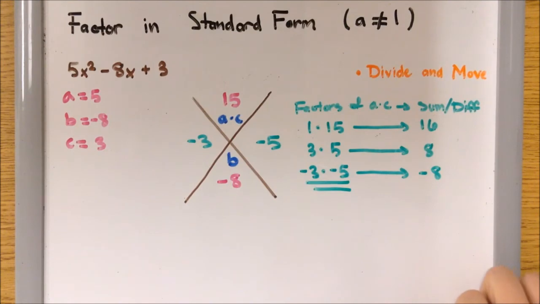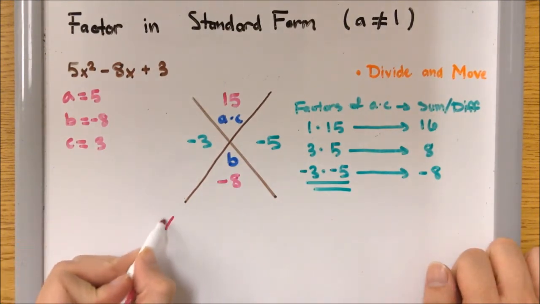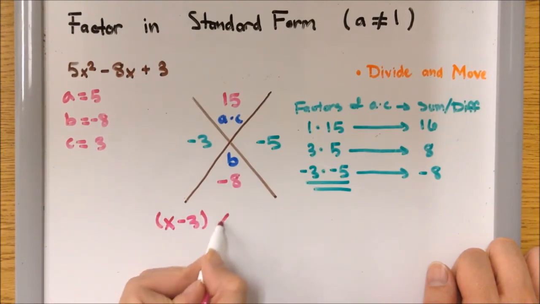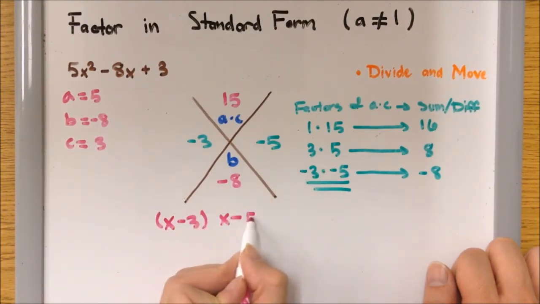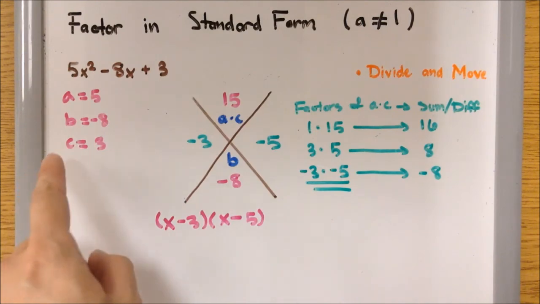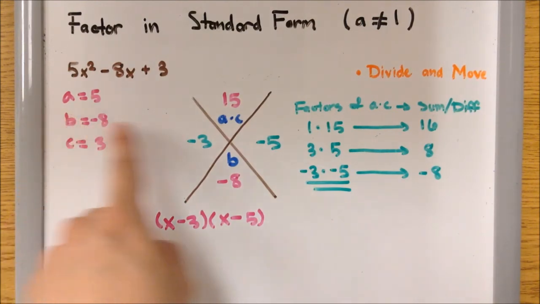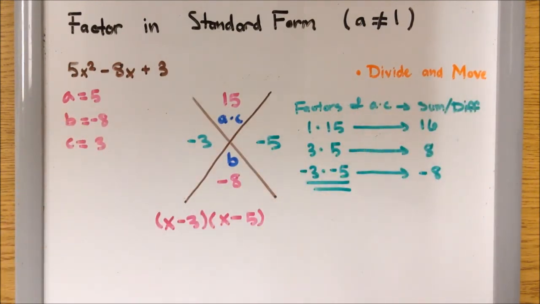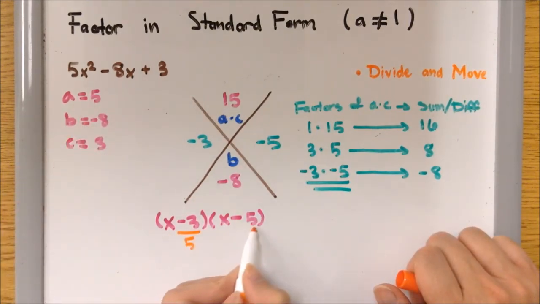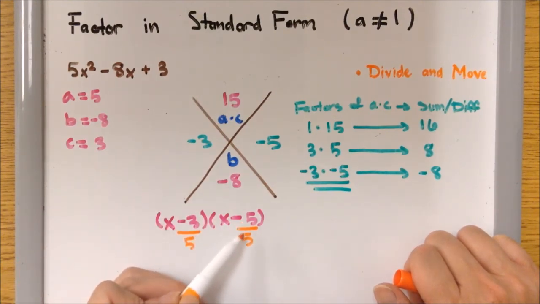So now we're going to put in factor form x minus 3 because it was negative, x minus 5 because it was also negative. Now, remember I mentioned to keep in mind that A was not 1, so what we're going to do is divide and move. So we're going to divide both factors by the A value, positive 5. The only one that we can divide is this fraction right here.